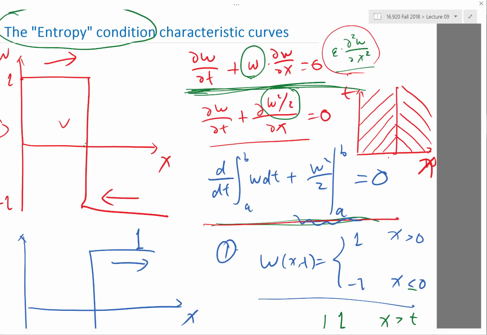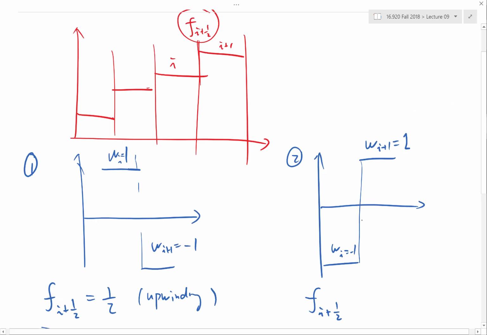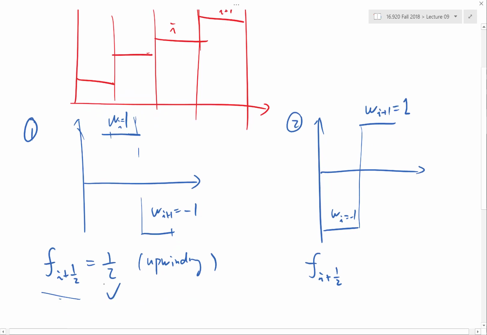If the derivative of the integral of W has to be 0 across any domain, then the fluxes should cancel out everywhere. We already know the flux over either the 1 or minus 1 regions is half. So the flux at the discontinuity should also be half. So this is correct.